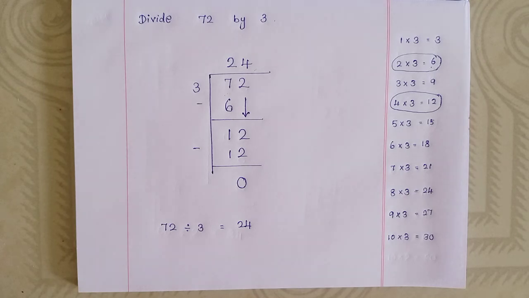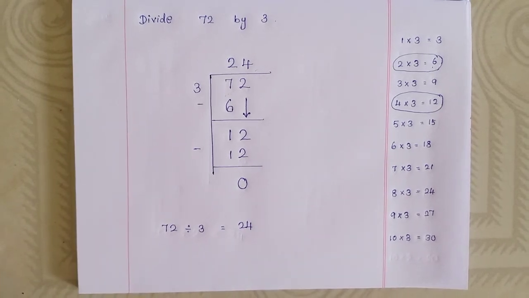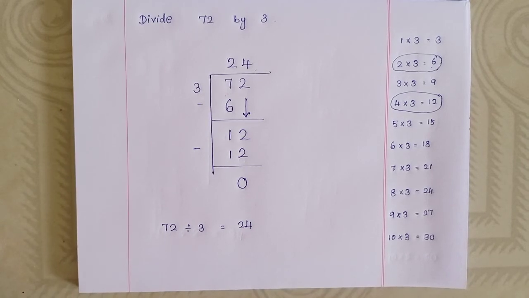Now take a new page and write this sum. Divide 72 by 3.